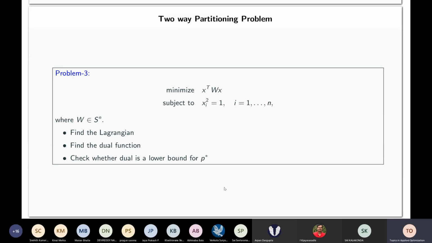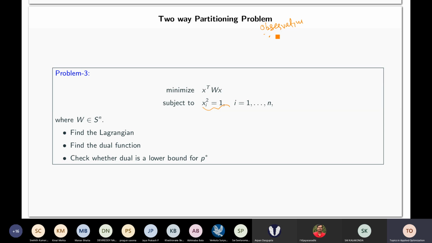Now we can do one more practice of this, and perhaps a few more will show up in your assignments. Let us see the Lagrangian dual and the lower bound property for this. This is called the two-way partitioning problem, and the reason is these constraints. Let us observe a few things.